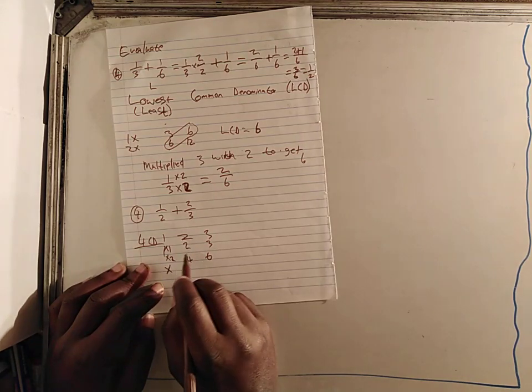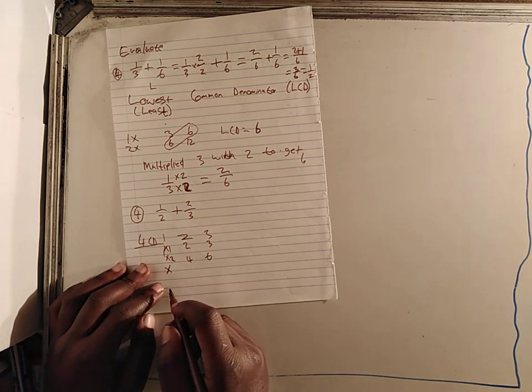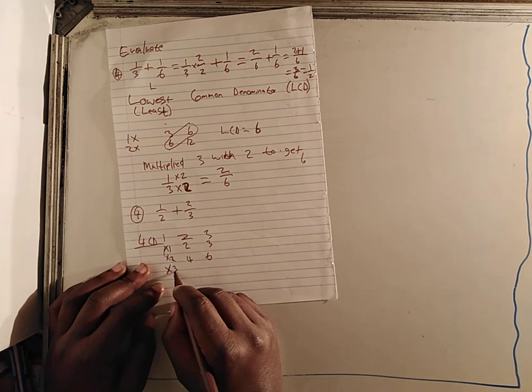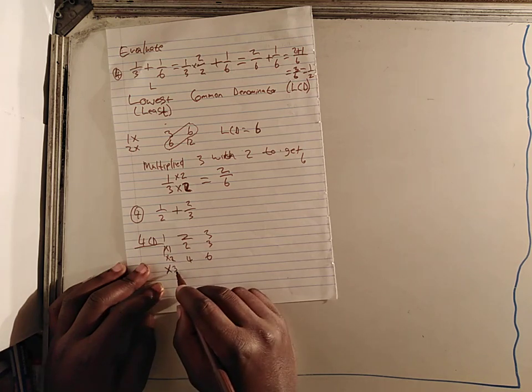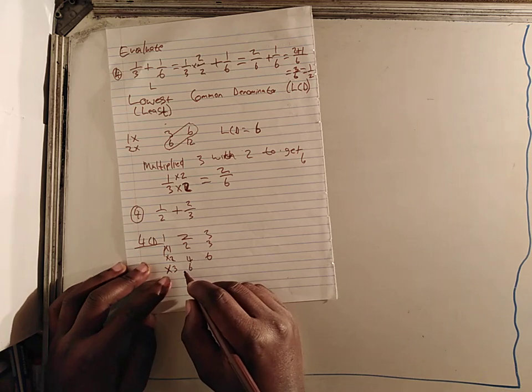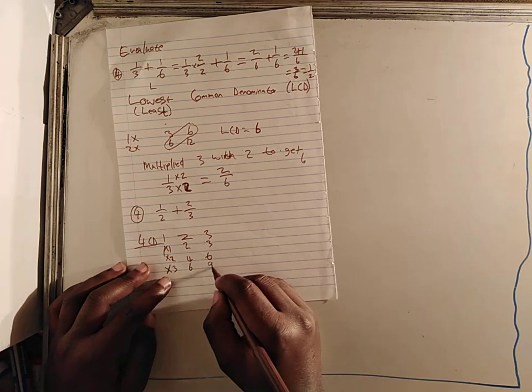At the moment we haven't got a common number, so you will multiply by 3. 3 times 2 is 6, and 3 times 3 is 9.